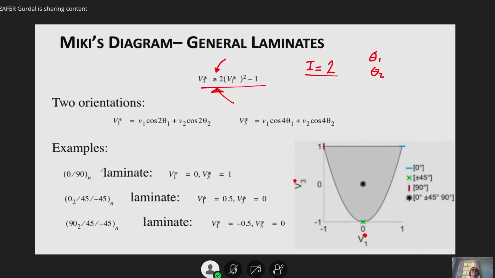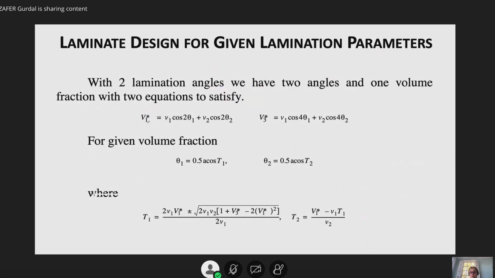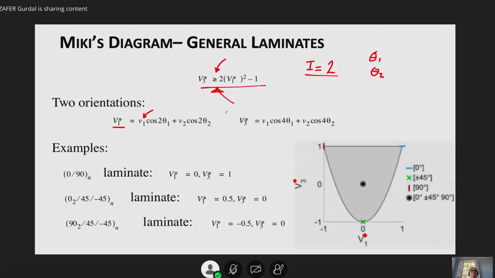So in the previous chart, we can write V1 star to be the percentage through the thickness of theta 1 degree orientation angle times cosine 2 theta 1, and then the percentage through the thickness of the theta 2 orientation angle times cosine 2 theta 2, where V1 plus V2 is equal to 1.